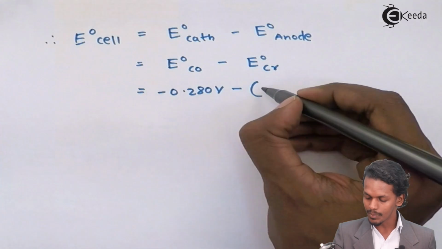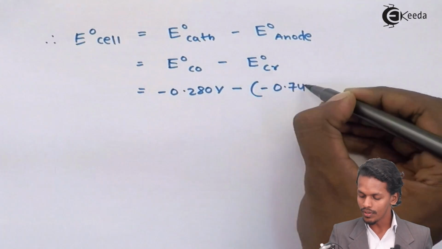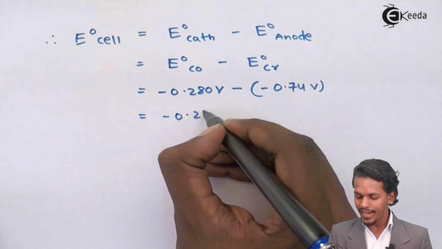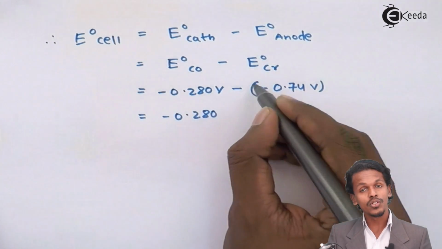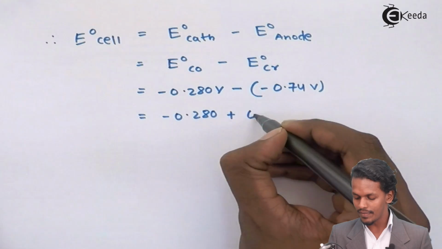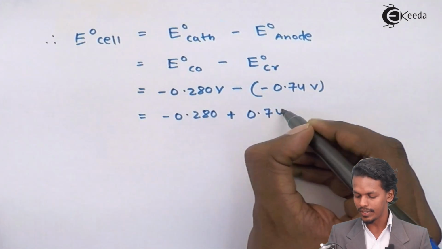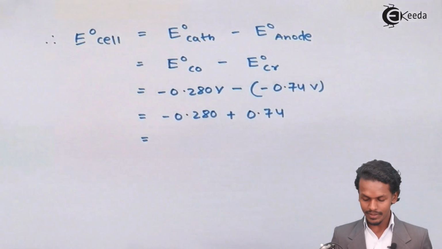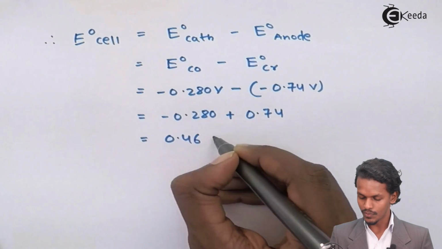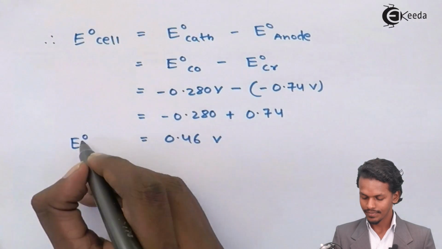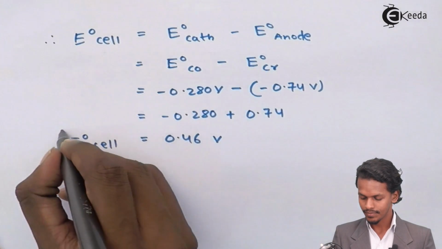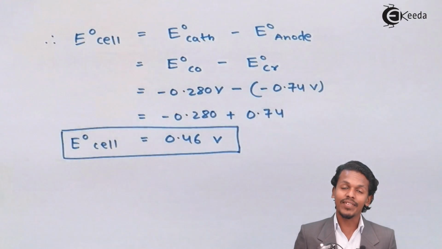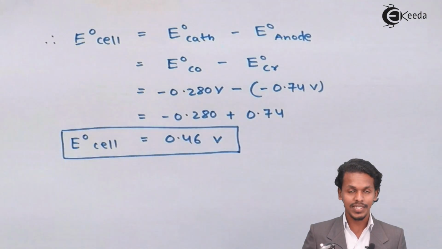So I could write it as minus 0.280 volt minus of minus 0.74 volt. Minus into minus will be plus, so it will give us 0.74 minus 0.28, and if I calculate this, I get 0.46 volt. So this is how we have calculated the E0 cell.